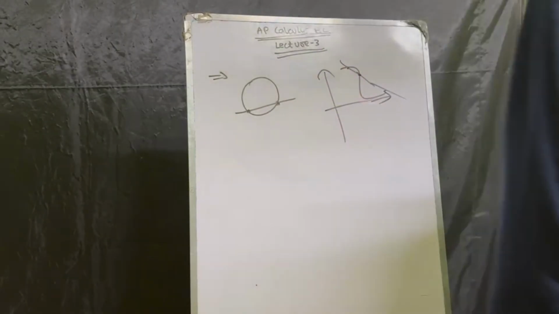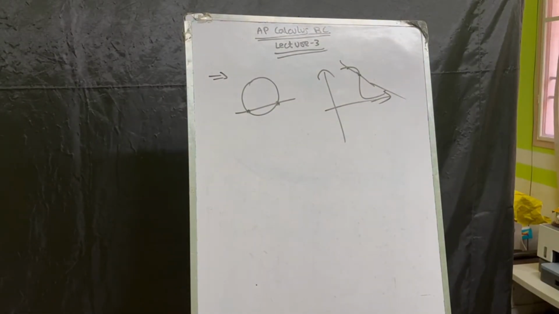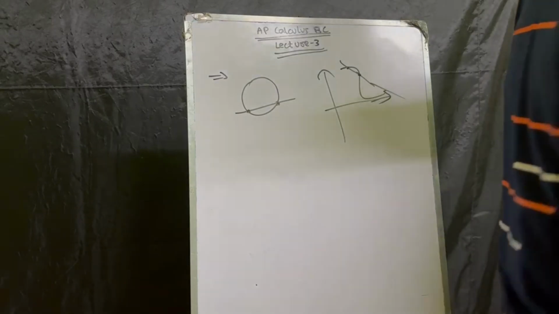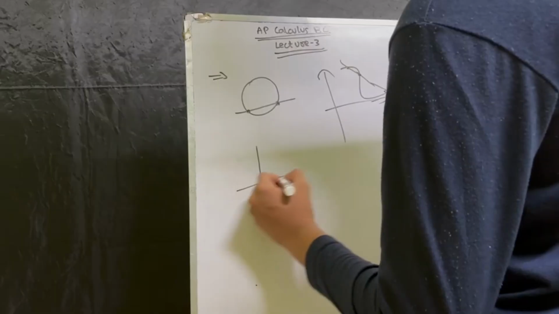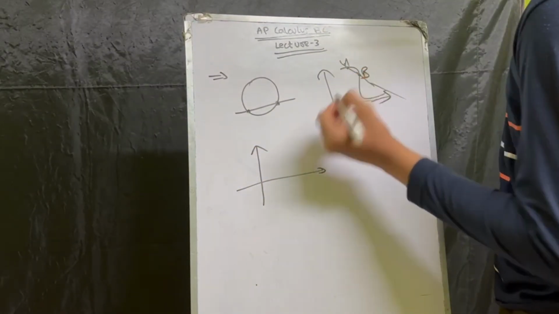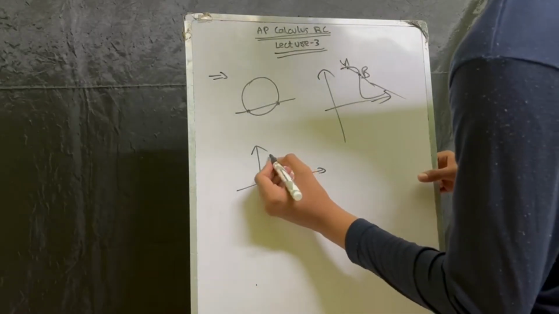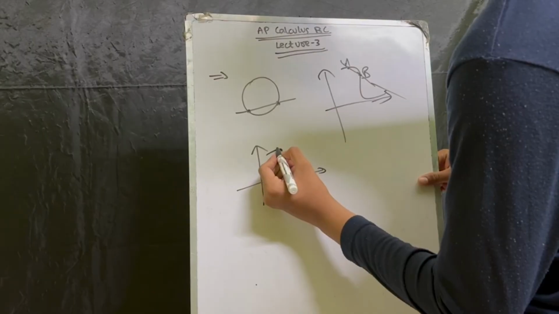Now we're diving into something called limits using this concept. Let's say this is point A and point B, okay? What if the points were something like this, A, B?